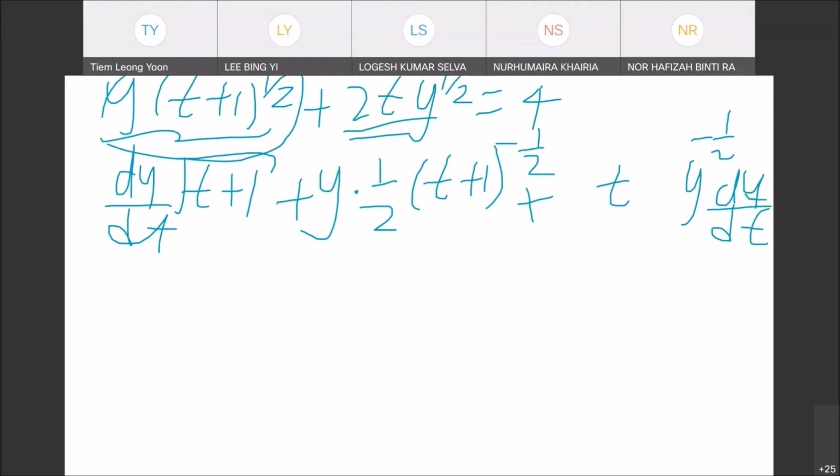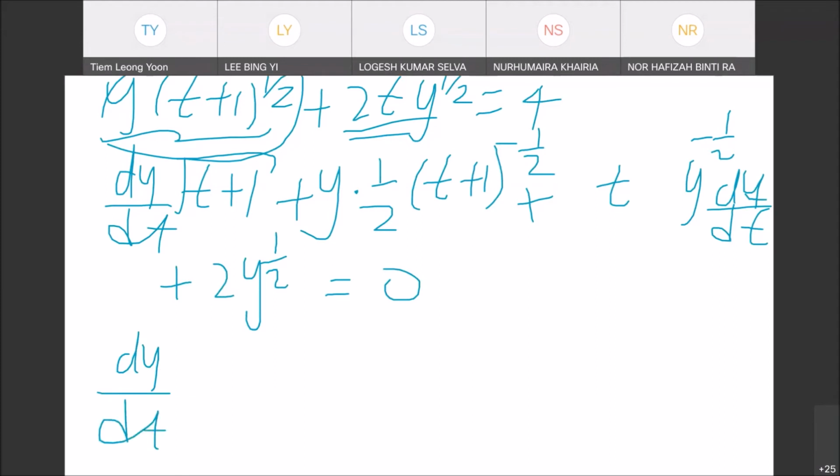Then I have another derivative, which is 2 times the square root of y, and then d/dt of t. The right-hand side is just 0. So I have rather complicated expressions for my dy/dt. I'm going to collect my dy/dt. So this will be the square root of t plus 1.